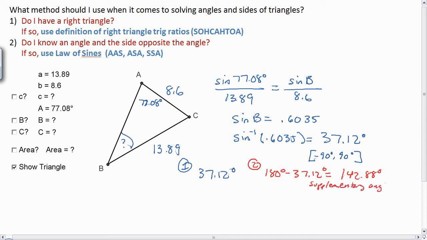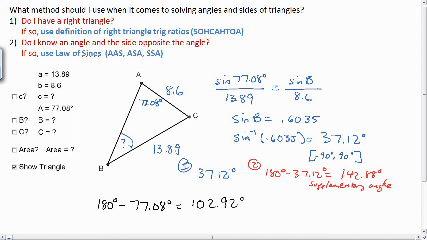So in the last problem, both angles worked. How about now? Well, realize that a triangle has at most 180 degrees. If you use 77.08 degrees for one angle, the most you have left for the remaining two angles is 102.92 degrees. You can easily fit 37.12 degrees and another angle into 102.92.